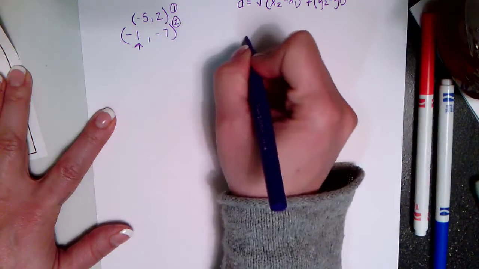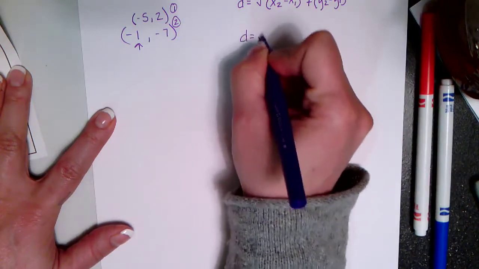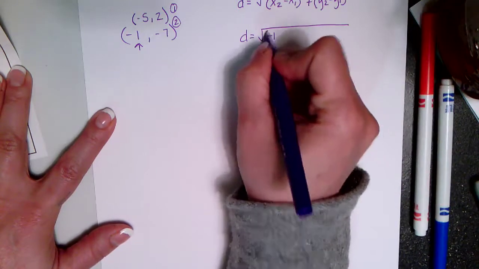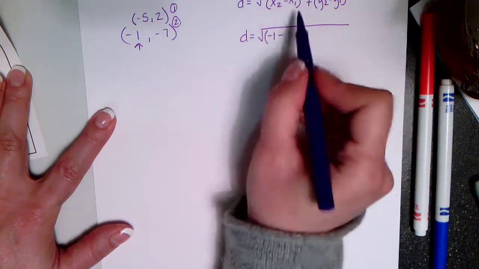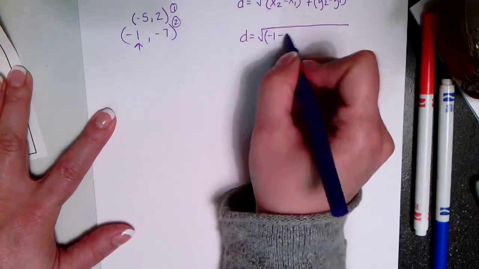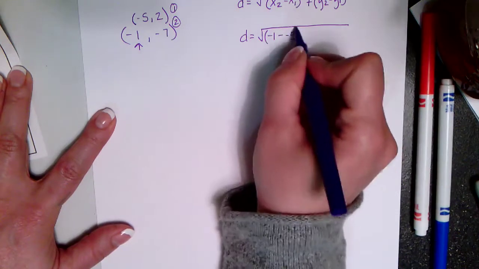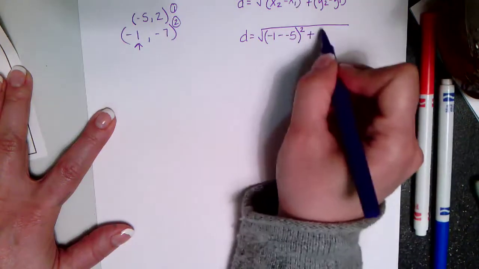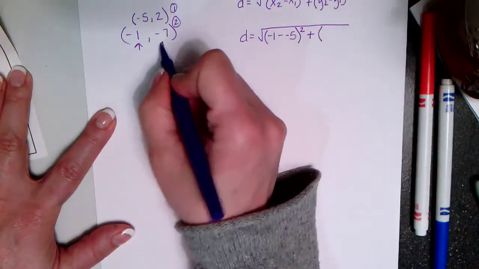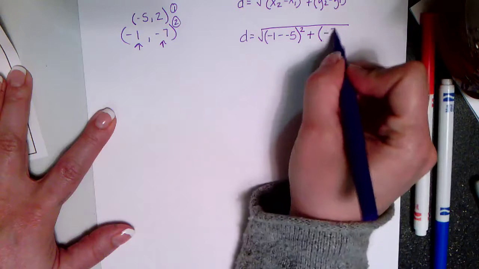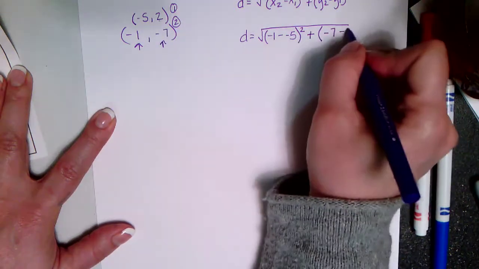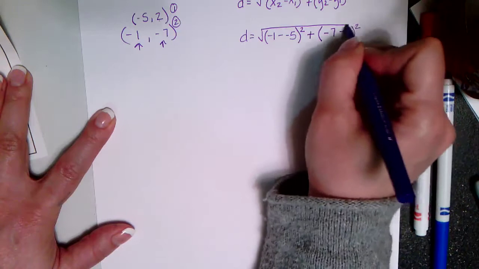So I've got the distance equals the square root of -1 minus, and then x1, which is -5, so -5, parenthesis, square, plus y2, -7, minus y1 is 2, parenthesis square, okay?